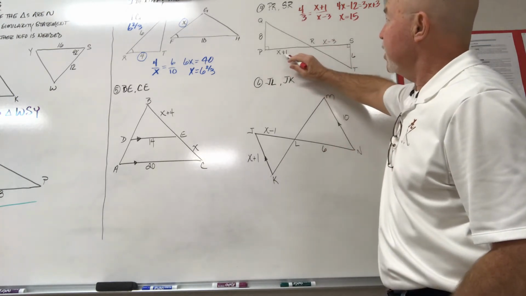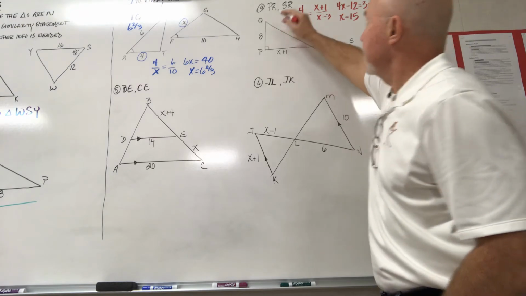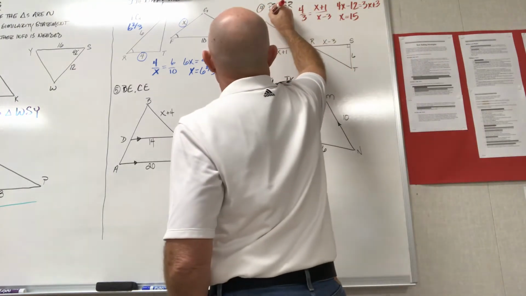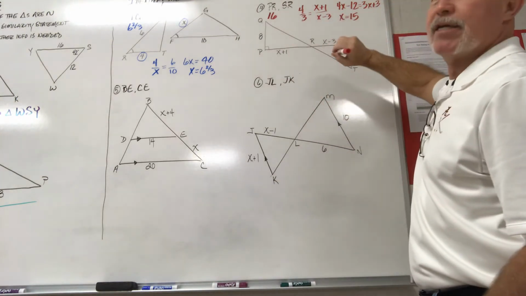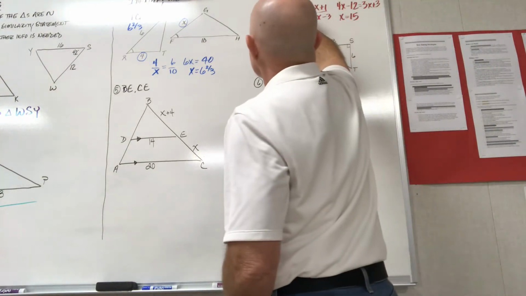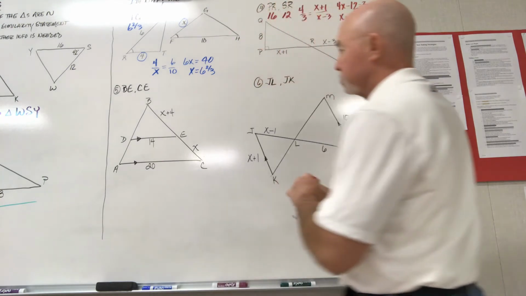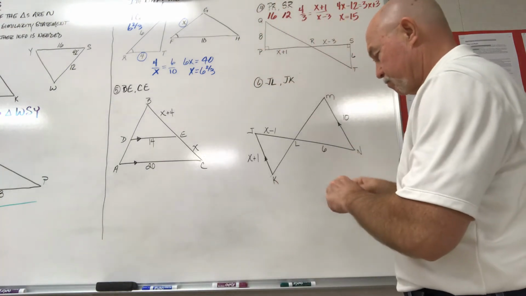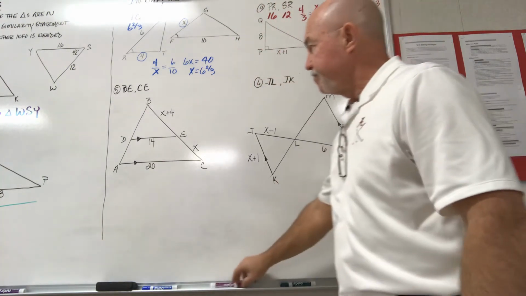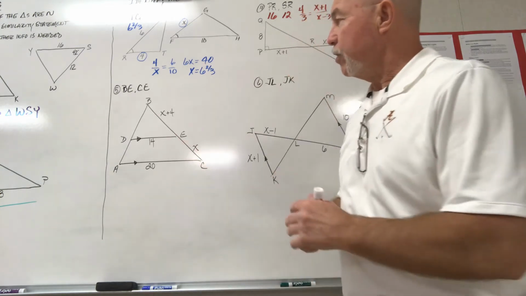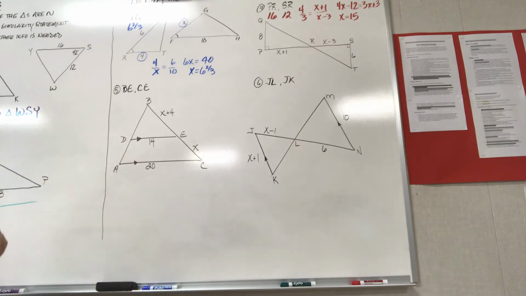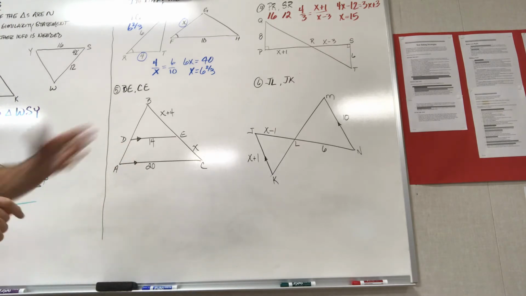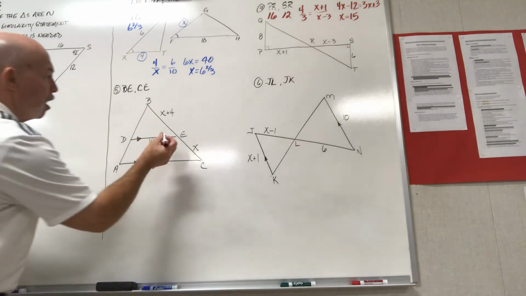Okay, 15 plus 1 is 16. 15 minus 3 is 12. Okay, here we go. Parallel lines, transversal.